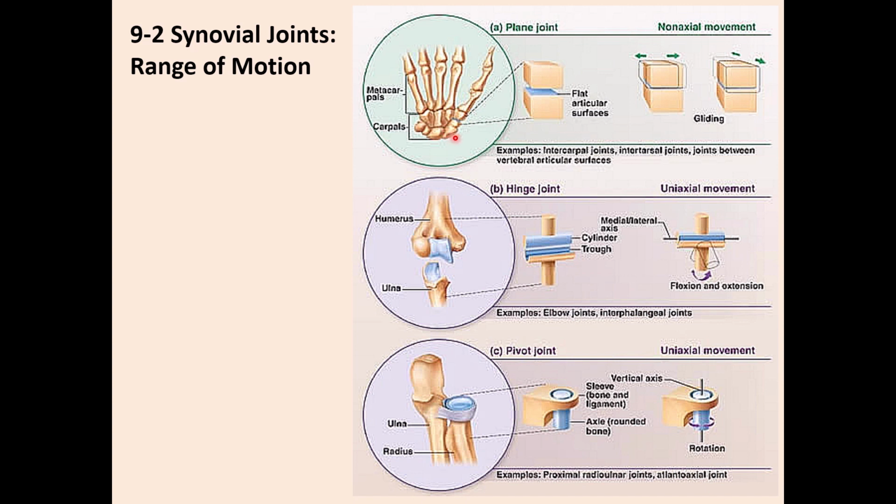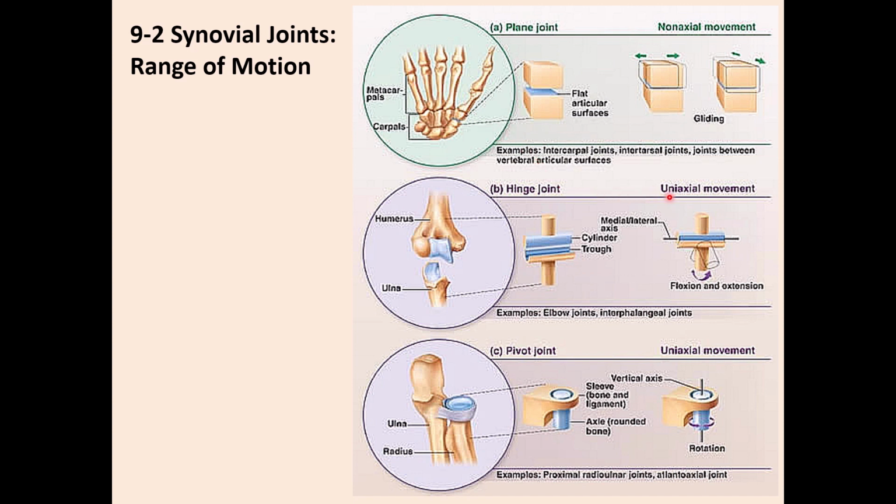So those facet joints, if you remember from chapter 7, are very good examples of a synovial joint. They are flat and they are sliding on top of each other without a specific direction.